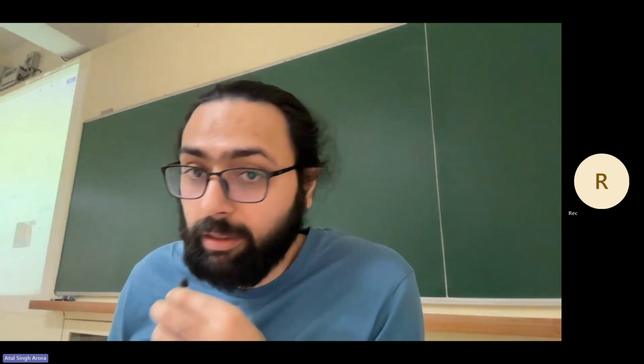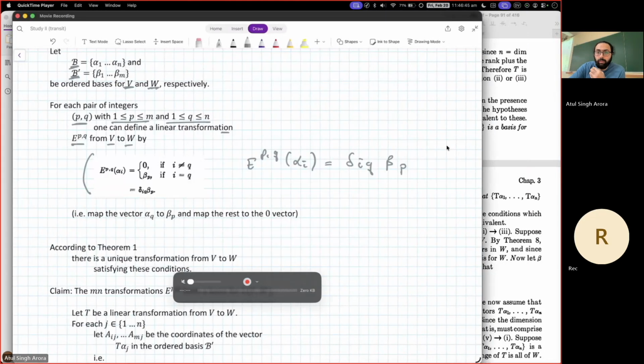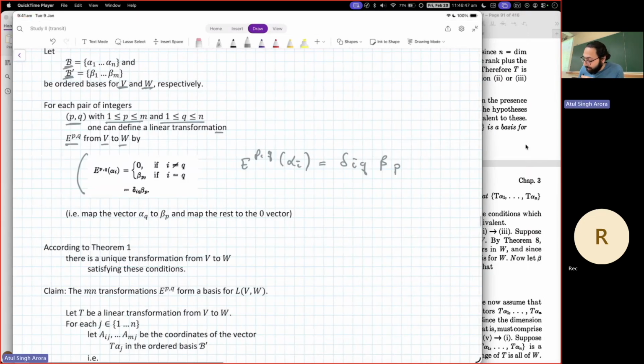Sorry, there's some problem with screen sharing. What we're trying to say here is that you take the basis element alpha_i from the basis B, and what this E_{p,q} is going to do is map the vector alpha_q to the vector beta_p, and everything else will be mapped to the zero vector.